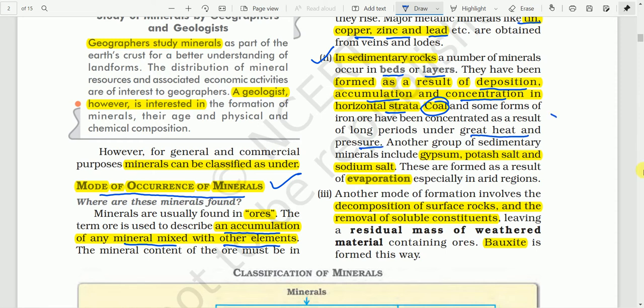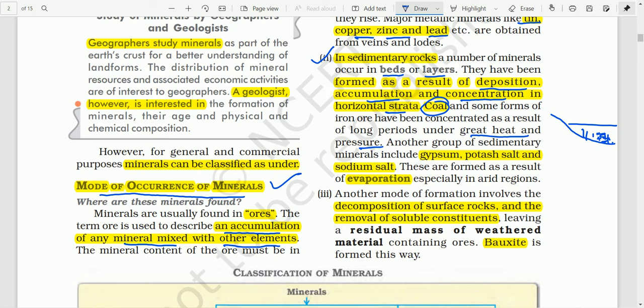So when the forests in the lowland area are covered with soils, that is earth debris, maybe due to erosion and deposition activity, or maybe due to a landslide, or a catastrophic activity, it will be fossilized under great heat and pressure. So in this way, coal and some other minerals are formed.